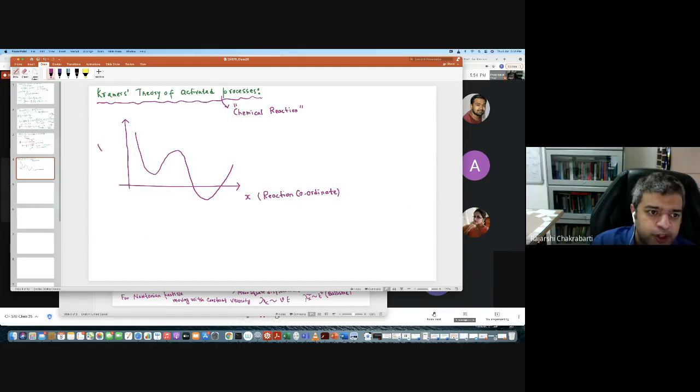Of course, this is potential energy. We're dealing with everything in the language of potential energy, not free energy. Say this is a position called XA, this is a position called, say, XC, and there's a barrier, and there's a position for the barrier top, XB. So XA is the reactant state.